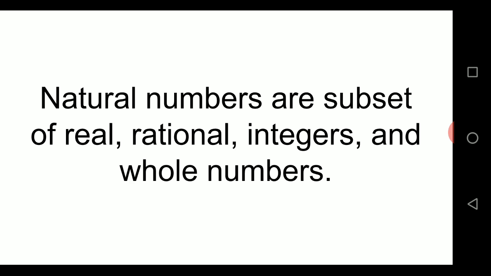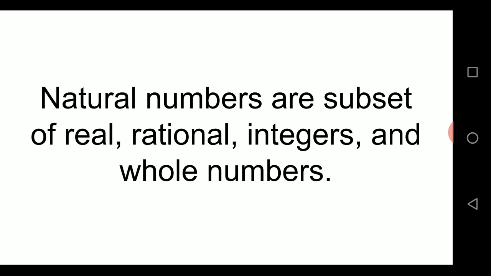Natural numbers are a subset of the real, rational, integer, and whole numbers. What I mean to say here is if you want to extract natural numbers, of course you have to choose one of the supersets, like the real number set, or all the rational numbers, and then take only the natural numbers out of that.